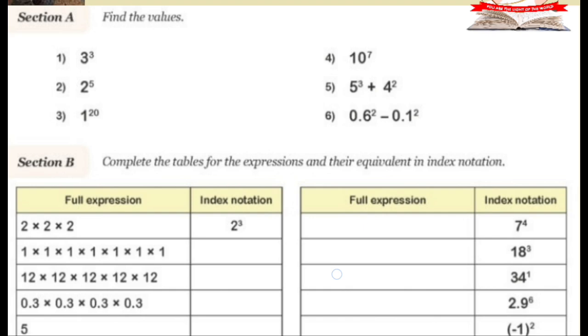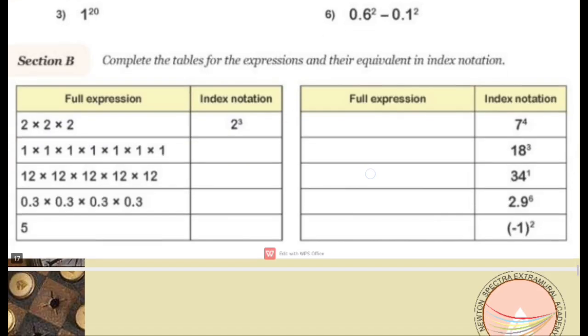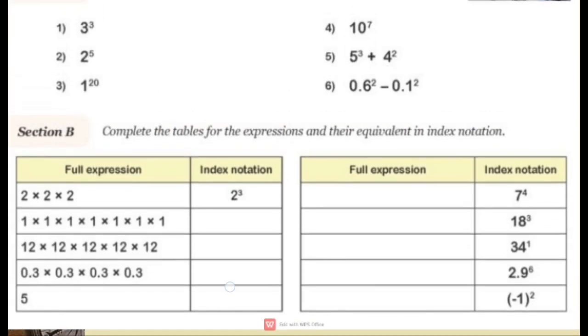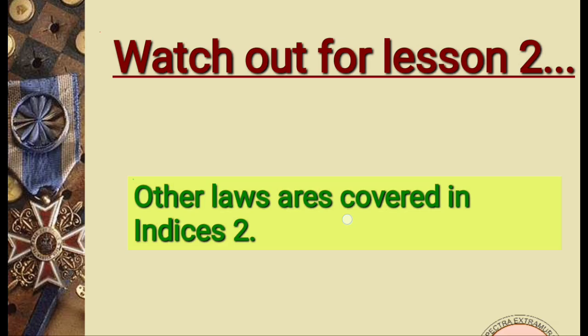So like this, 0.6 is going to be 6 over 10, 6 over 10 raised to the power of 2. And the other one is going to be 0.1. That will be 1 over 10 raised to the power of 2. So you solve this one, then you reconvert your answer back to index form, as the case may be.